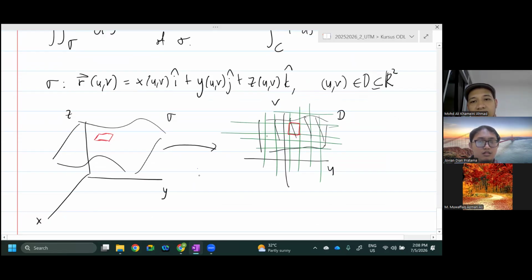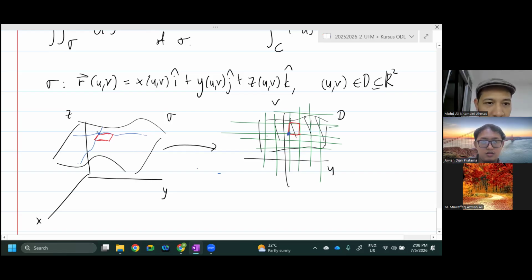You can understand this is U direction, and then this is V direction, increasing V. This is somehow increasing U here, just roughly speaking. And then this point corresponds to some place here.